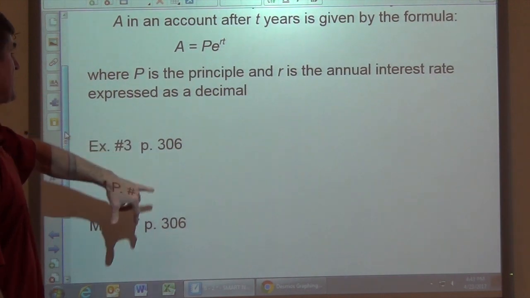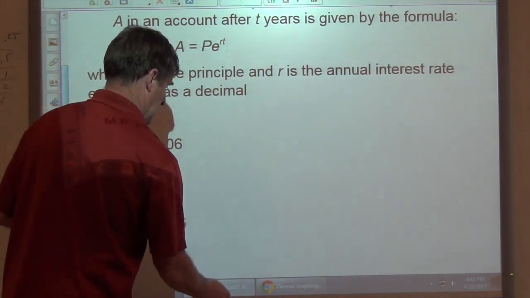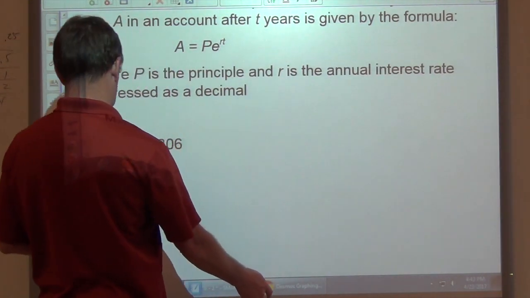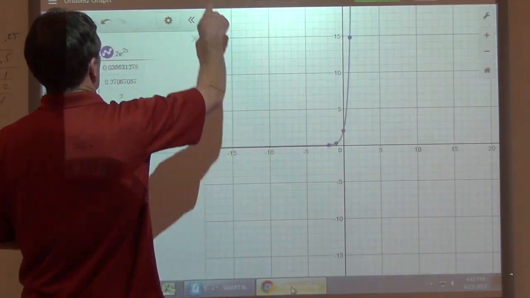So we're going to go ahead to the textbook because there's a lot of writing on this and look at page 306, number 3.